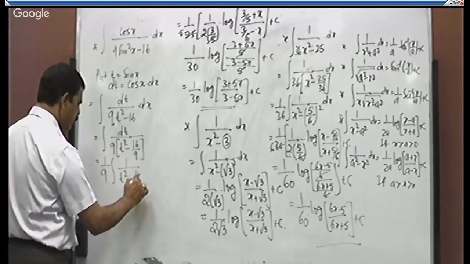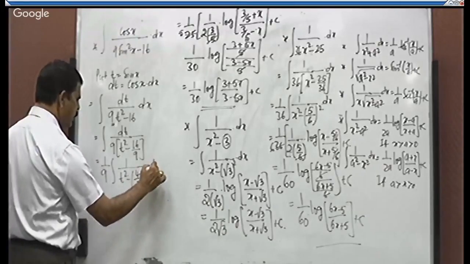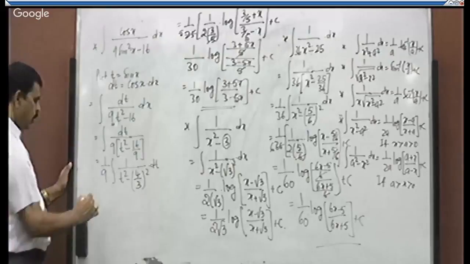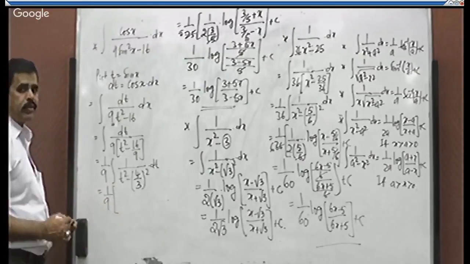Then I will take it as 4 by 3 whole square into dt, or it is 1 by 9 into, right, the standard form.